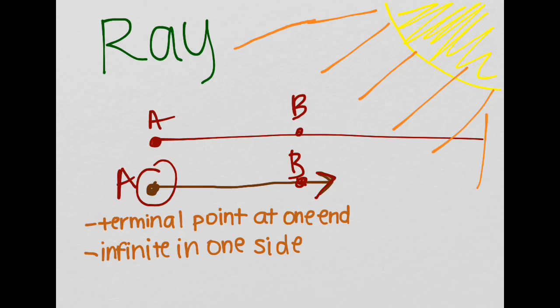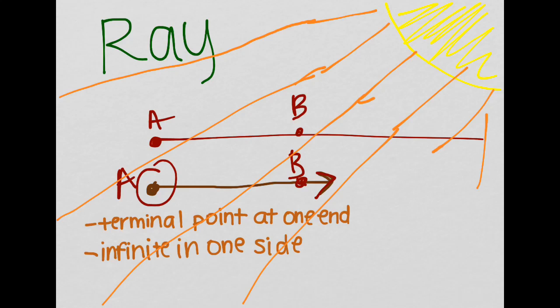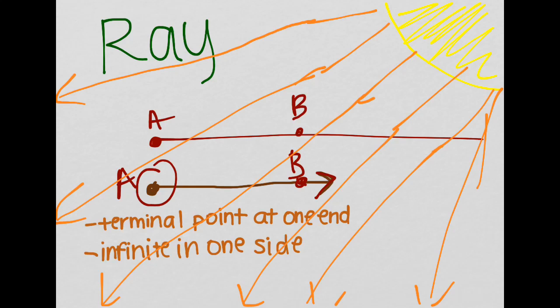And remember, these go to infinity because they're reaching you all the way on Earth, which is millions of miles away. So you can remember these sunlight rays as infinite. And that's why rays are also infinite at one end, because it starts at the sun and goes all the way to Earth and beyond.